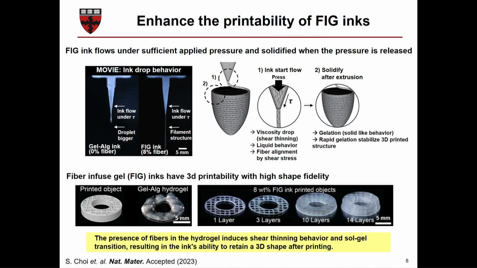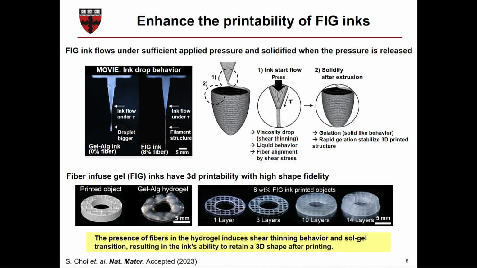But not only the structural cue, the fiber itself also improves the 3D printability. You can see here, when there is no fiber, it shows very liquid behavior. But when there is fiber, the filament is formed continuously, which allows us to make a nice shape of the 3D structure.